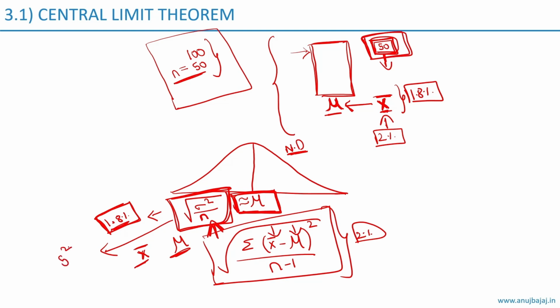So the variance of the sample we have withdrawn divided by the sample size, and we take the square root of this and we get the standard deviation of the distribution. And the standard deviation of this distribution will help us in finding out how much the sample mean deviates from the population mean. So this is the formula we are interested in.